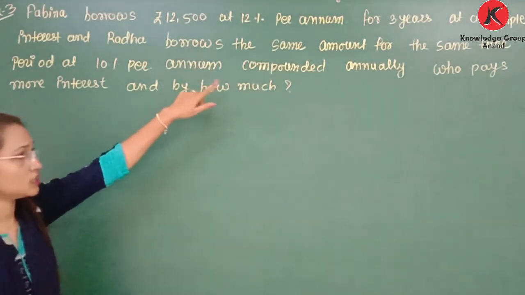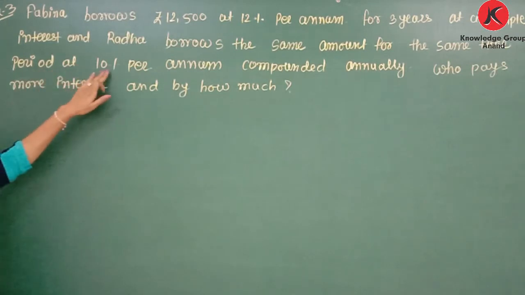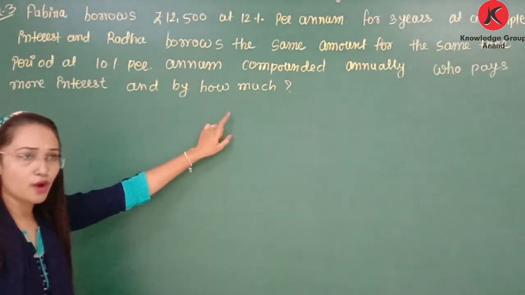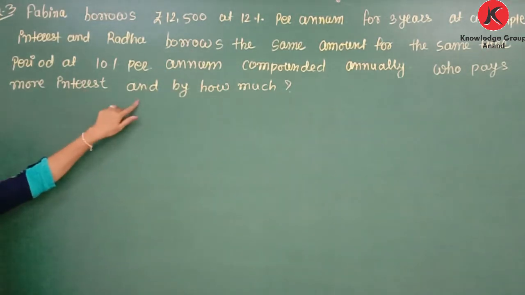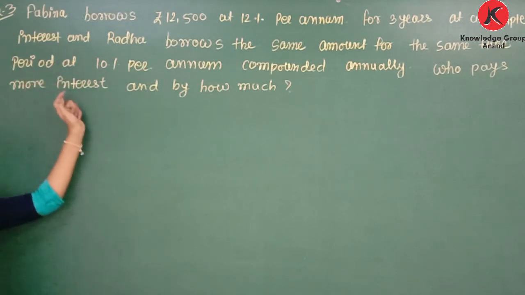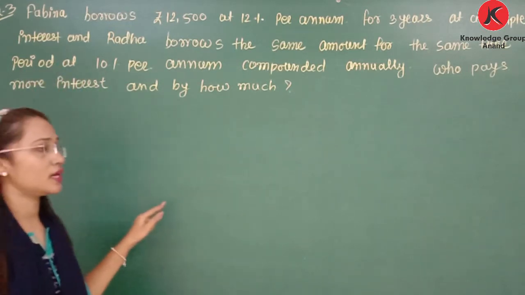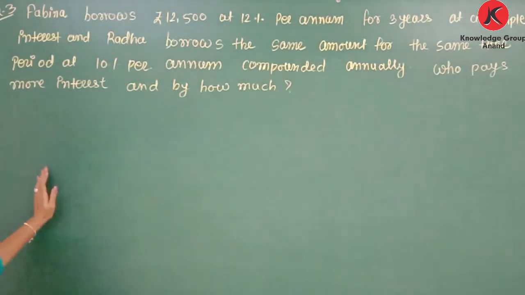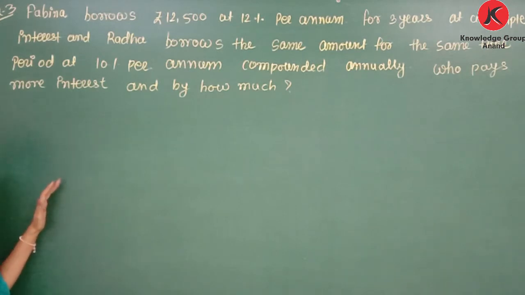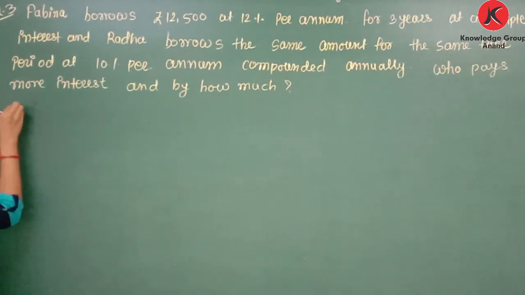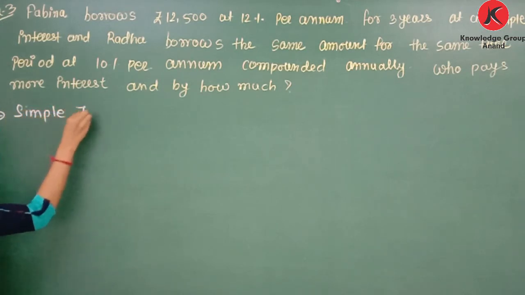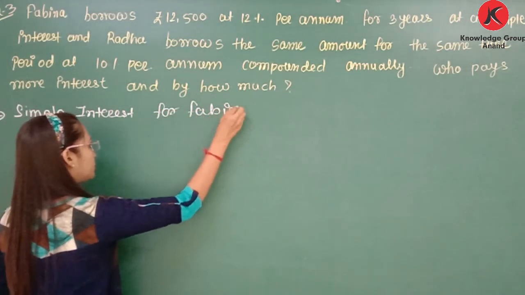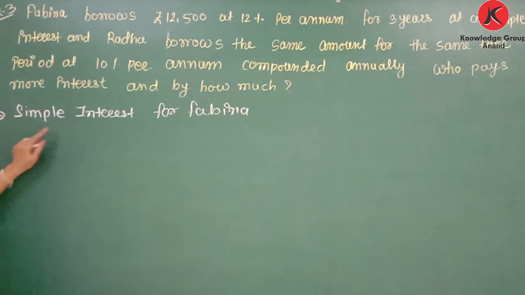Radha borrows the same money, but at a different rate. Fabina's case is simple interest because she borrows the money at simple interest.